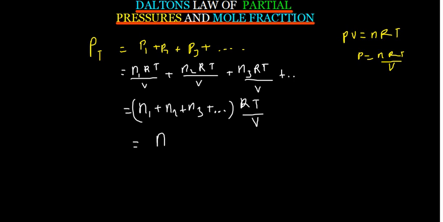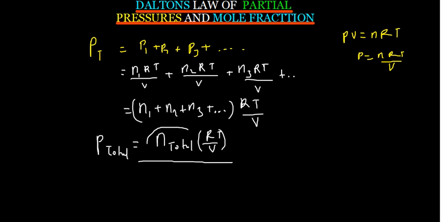So that is the total number of moles multiplied by RT over V. This is what gives us Dalton's law of partial pressures. If you want to calculate the total pressure in a container, you calculate the total number of moles and then multiply by the universal gas constant and the temperature, divided by the volume, because it's only the number of moles which is going to be different. The rest are going to be the same.